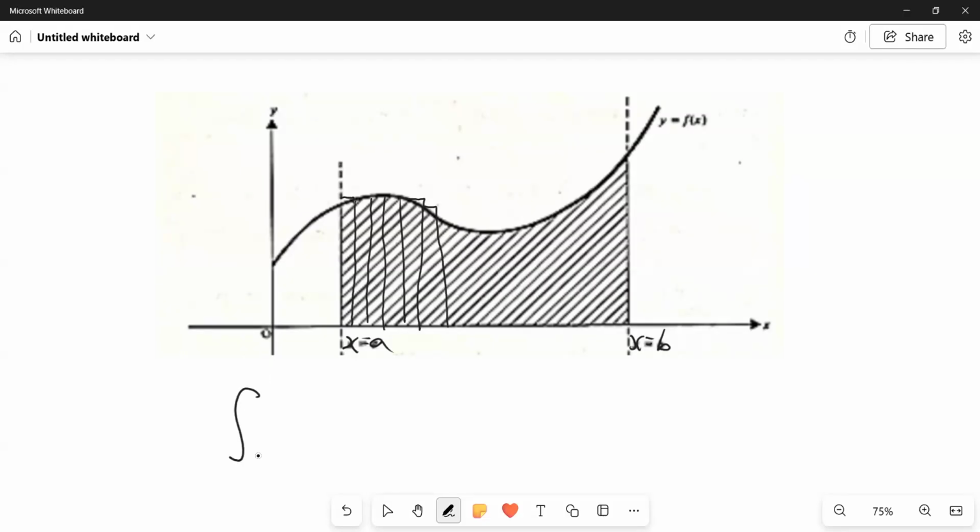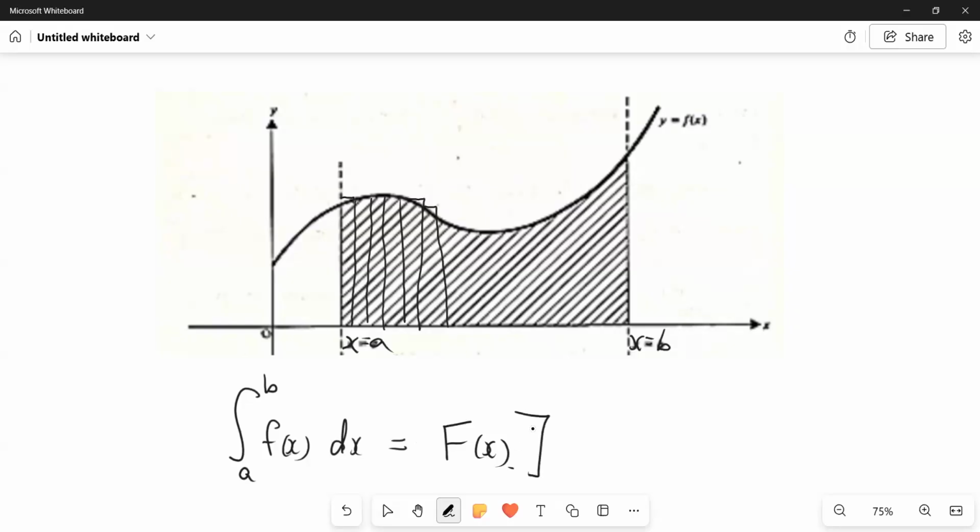They're basically saying the integral of f(x) from a to b dx is equal to F(x), where capital F(x) is what we call the antiderivative of f(x), in other words, the integral of f(x).